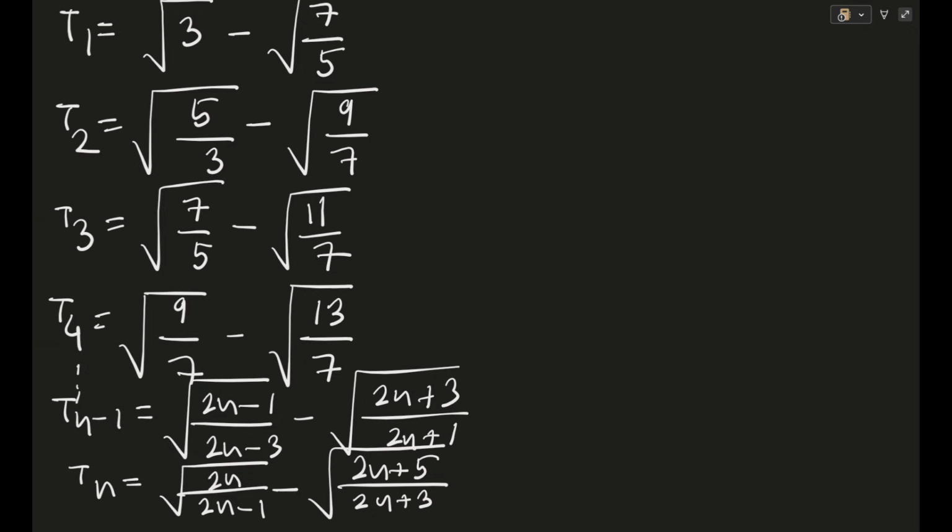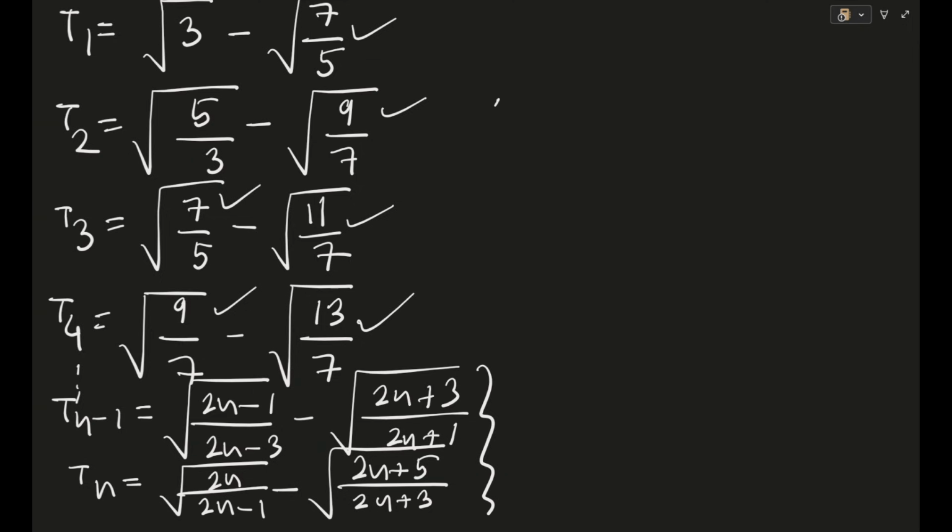If we ignore these two for the time being and look at the first four terms, you can see on summing up this and this are getting cancelled, which means after a while this term will also get cancelled, and after a while this term will also get cancelled.